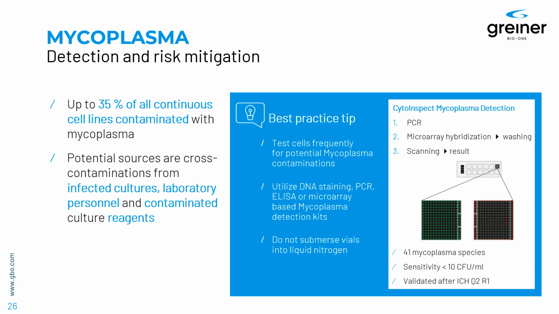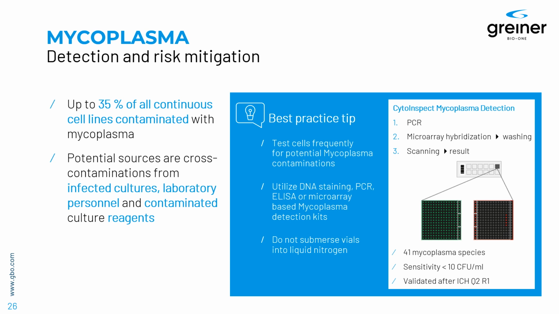On the right-hand side, there's an example of such a detection kit. It's the CytoInspect mycoplasma detection kit from CryoPreservation. It involves the steps of a PCR, a microarray hybridization step with washing, then there's a scanning step, and you quickly have your results.